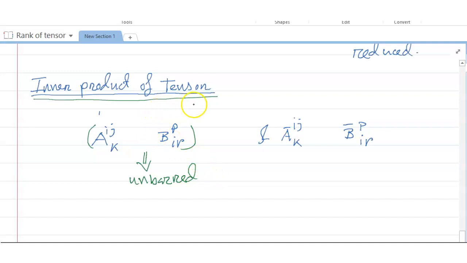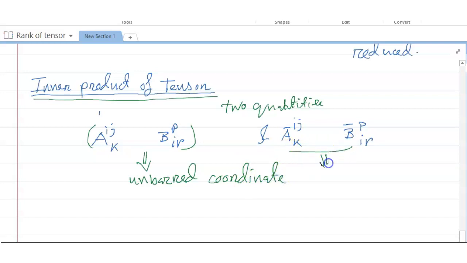This is the unbarred coordinate system, and this is the barred coordinate system. These are the two quantities, friends.